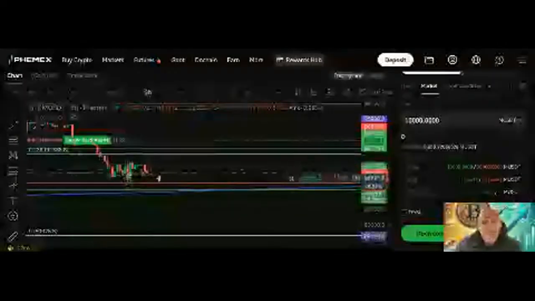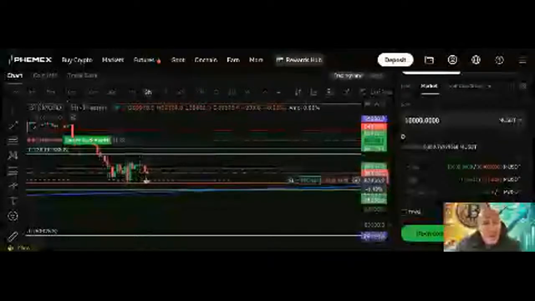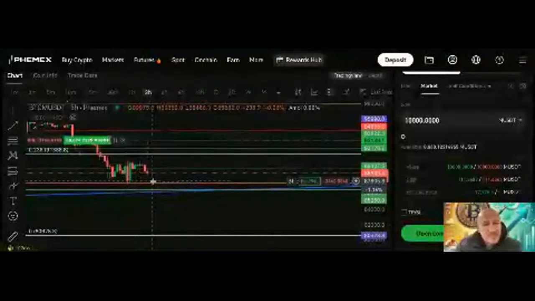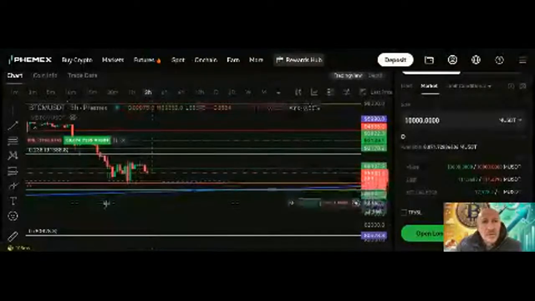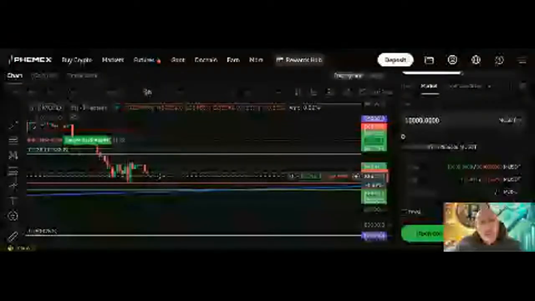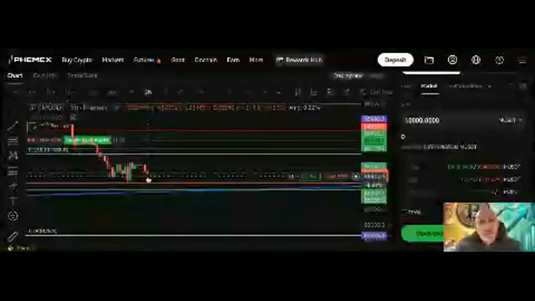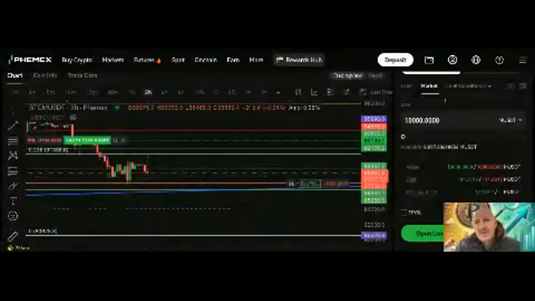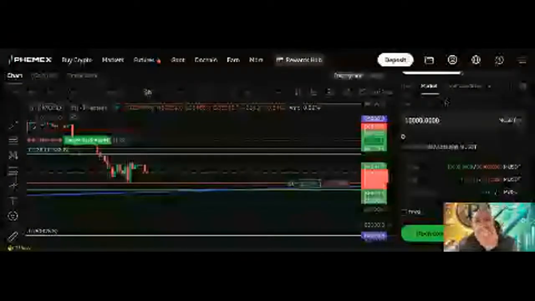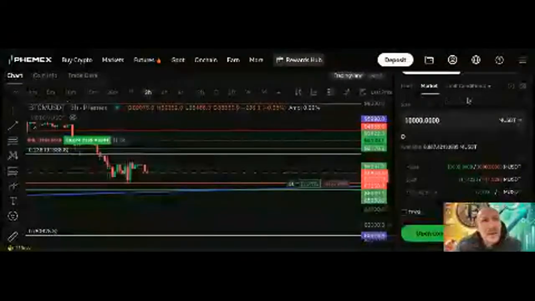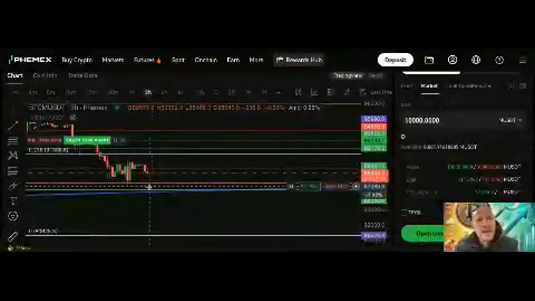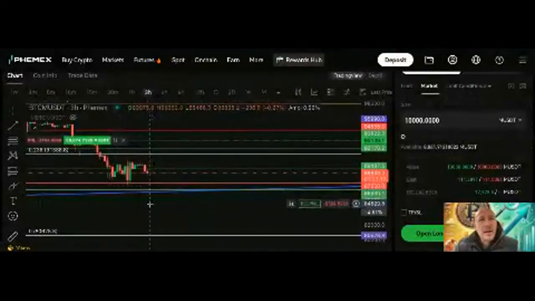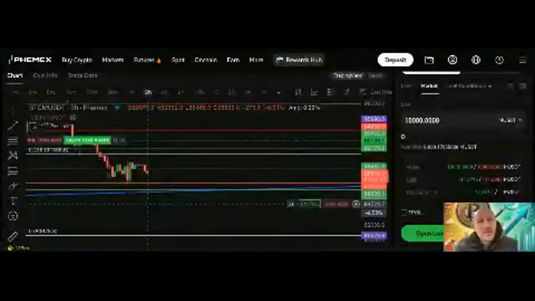So could be coming to double bottom here, or this could just, this is the 3-hour chart. So this, we still got, what time is it? Still got an hour, I think, left before this candle prints. So on the 3-hour chart, every one of these candles takes 3 hours to print.